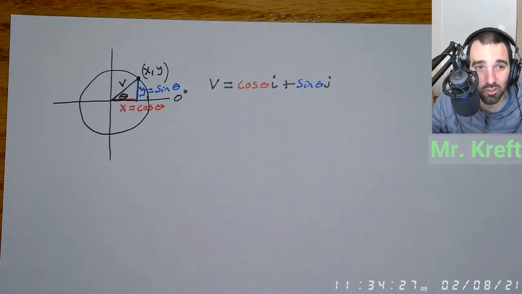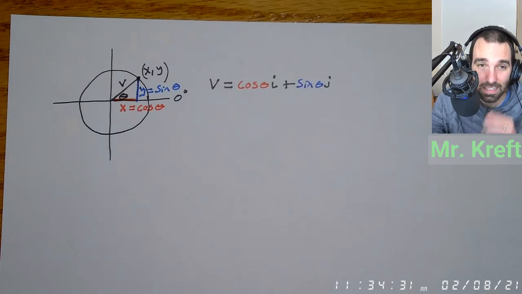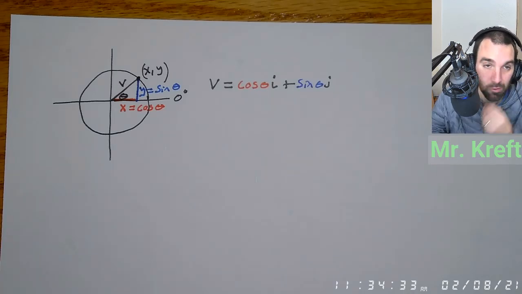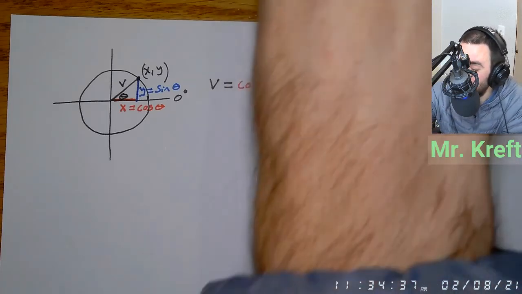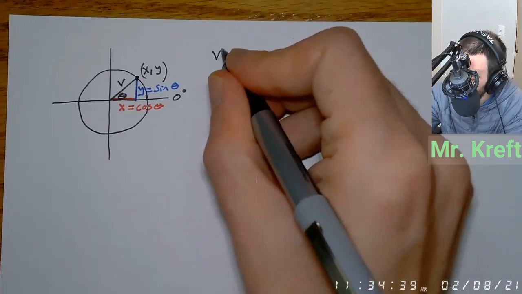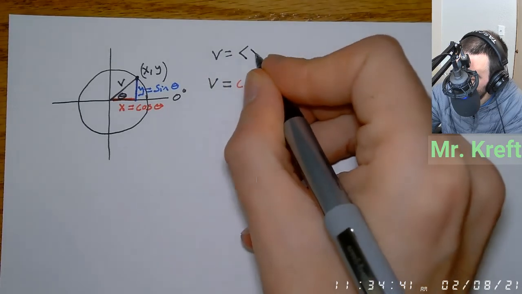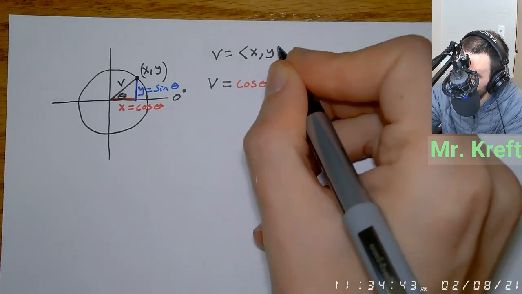Now you're like, why did they make them i's and j's? They look so much alike. You're right, they do. At least mine do. Okay? So, that's different than writing it as v equals x, y.